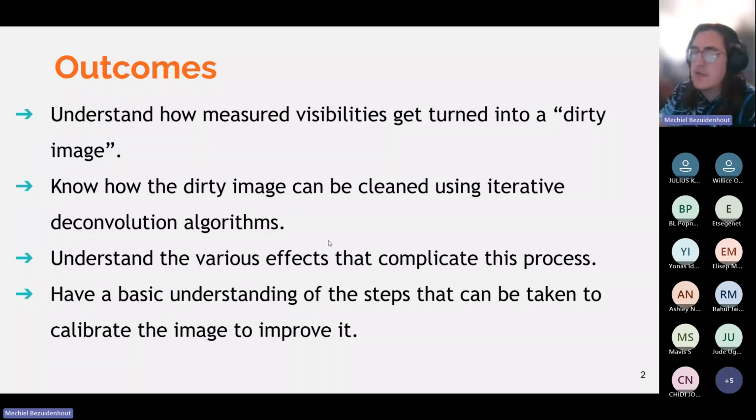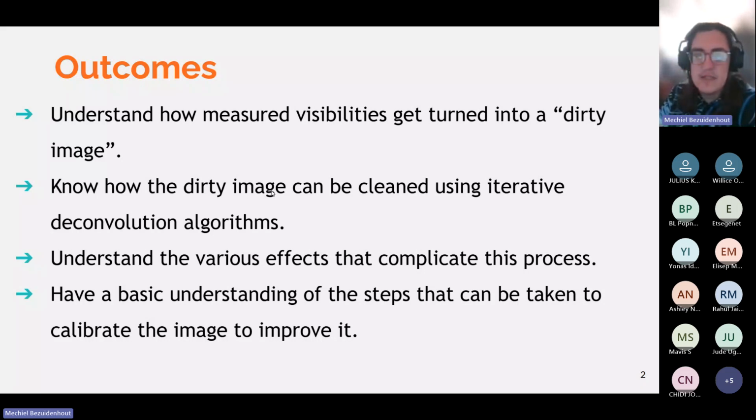So before we start, just a small disclaimer that I'm by no means an expert on imaging. My own research uses beamformed observations much more commonly. So I don't really have that much experience doing imaging as such. I'm sure there are people on the call who have much more experience with it than I do.